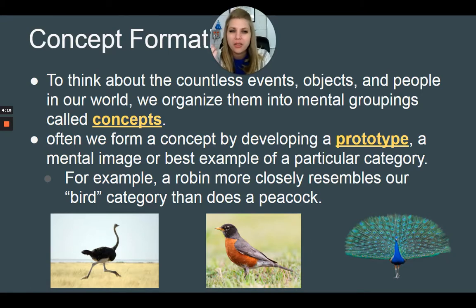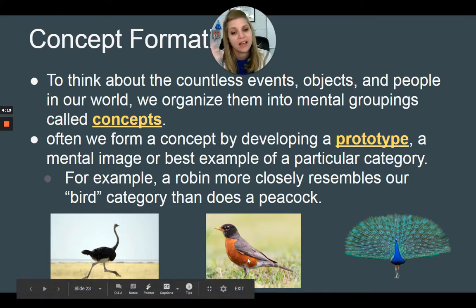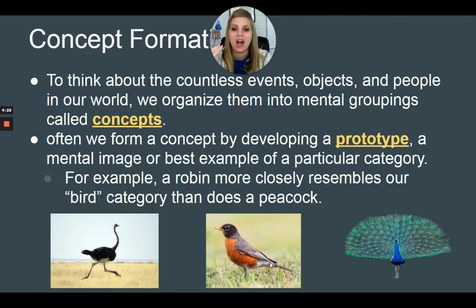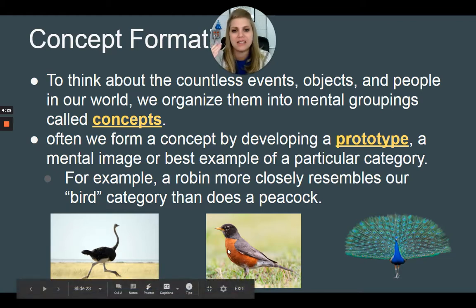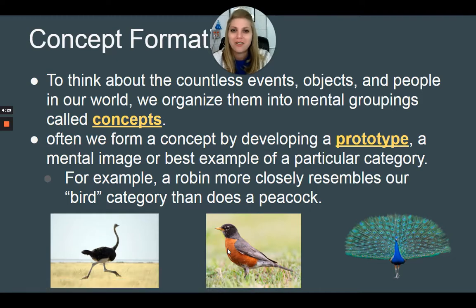The bird that many students imagine when I ask is small, it has feathers, it has wings, it flies. It's usually in the brownish scheme of colors because that's what we have a lot of in Northwest Ohio.